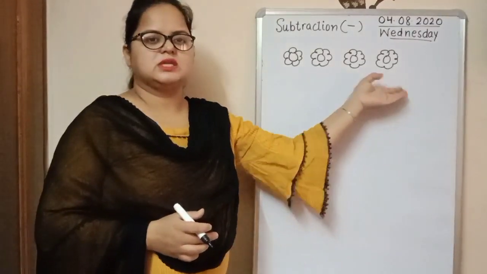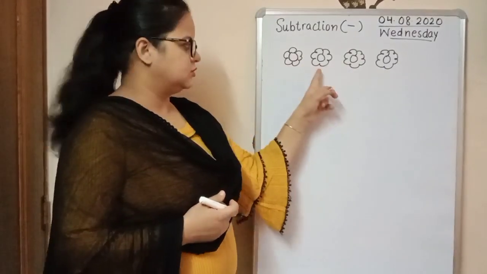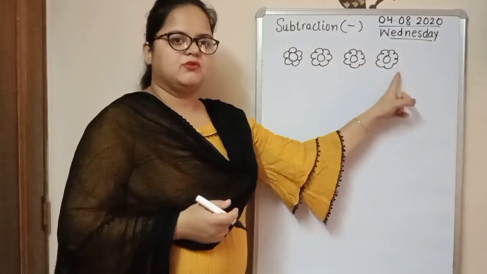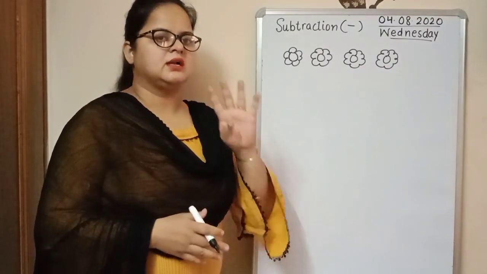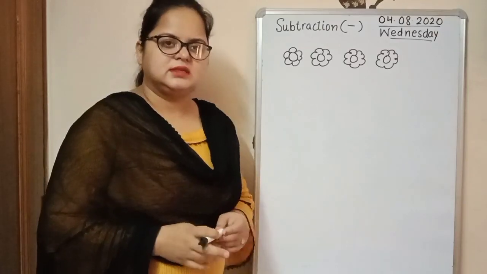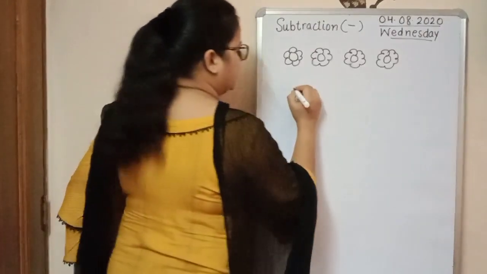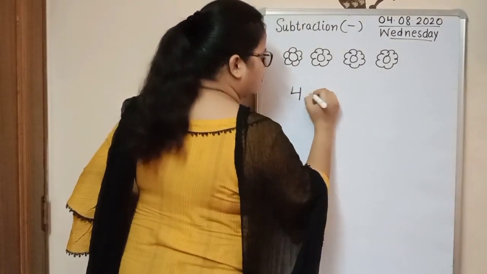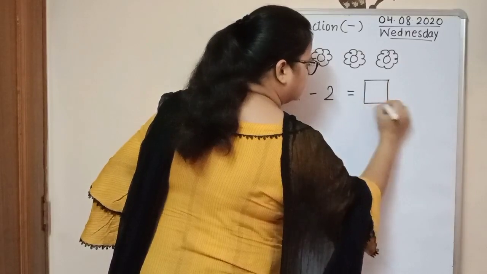Here on the board you can see some flowers. Let's count them. 1, 2, 3, 4. How many flowers are these? These are 4 flowers. Now we have to do 4 minus 2 is equal to dash.